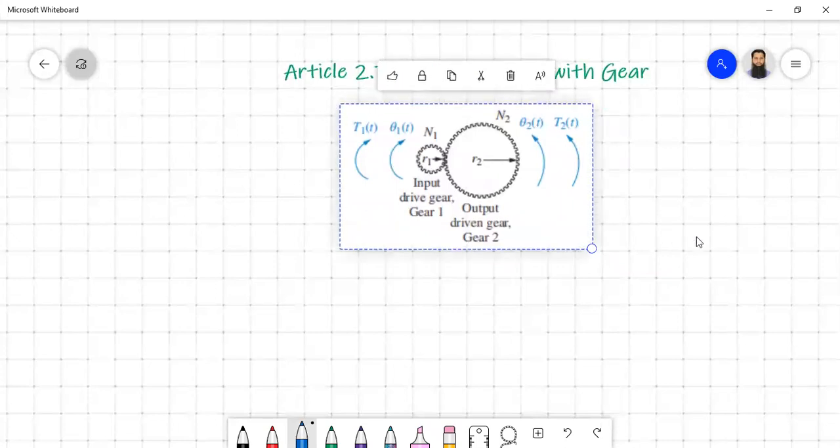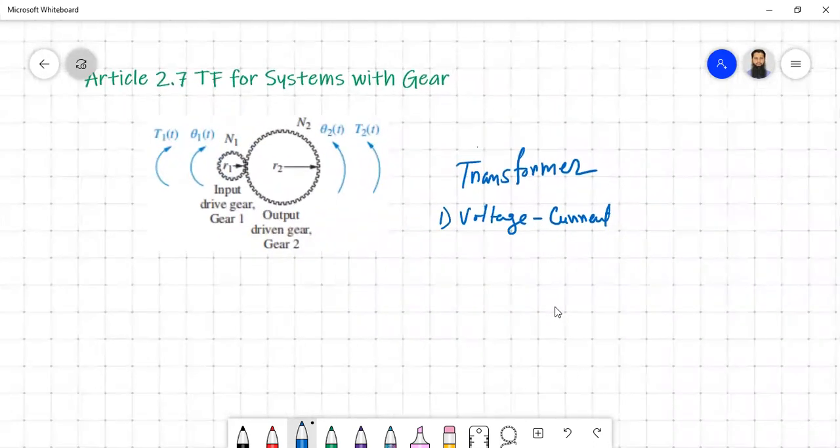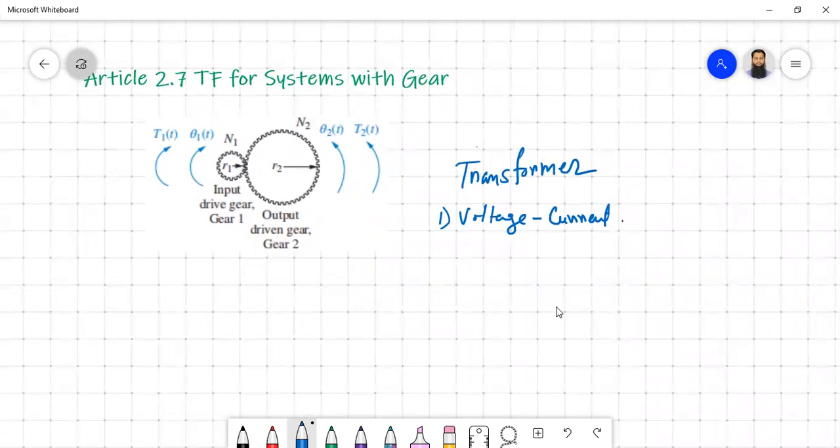Basically, gears are similar to the electrical counterpart, that is the transformer. So what is the function of the transformer? We know that using the transformer, number one, we can change the voltage and current level.